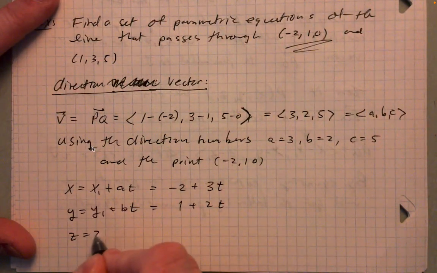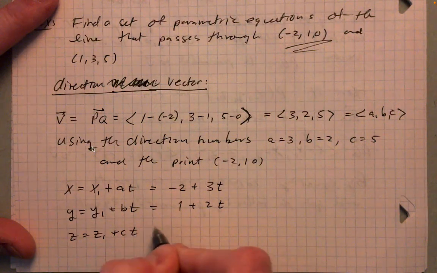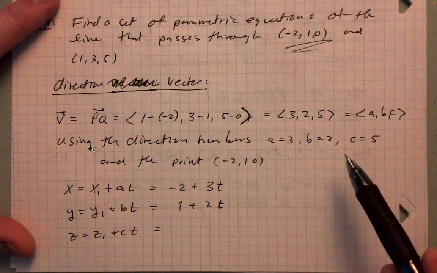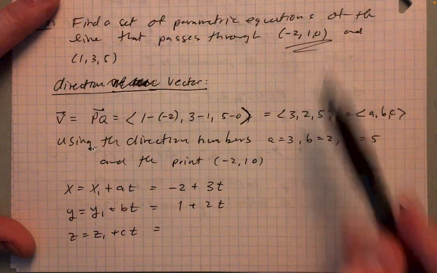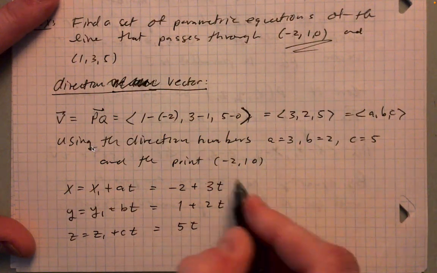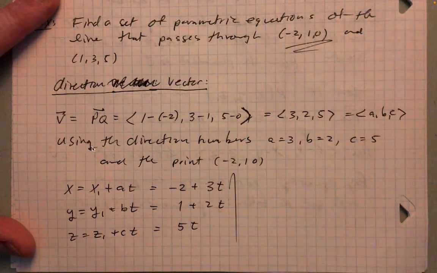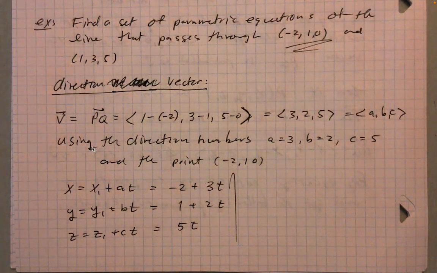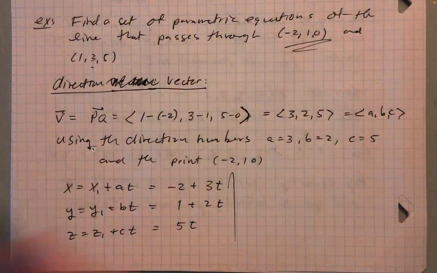And z is z1 plus ct, where z1 is 0 and c is 5, so this would just be 5t. Those are the parametric equations which describe this line in 3D space.